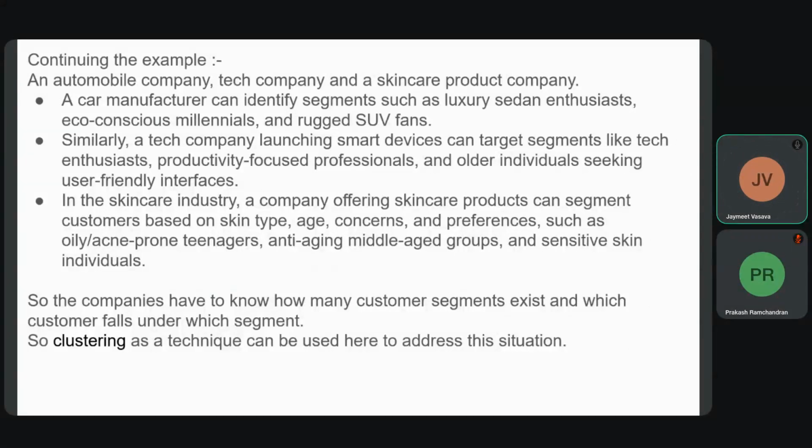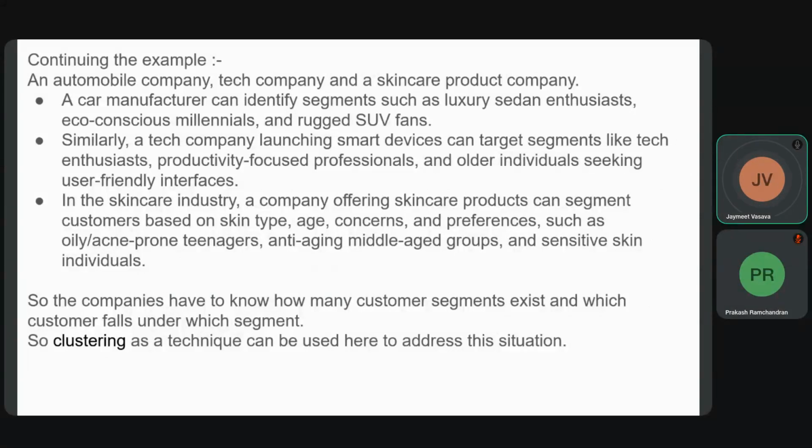Then for a tech company, target segments like tech enthusiasts who would love to have smart devices, productivity focused professionals, and older individuals who would like a really simple, user friendly interface to use the technology.